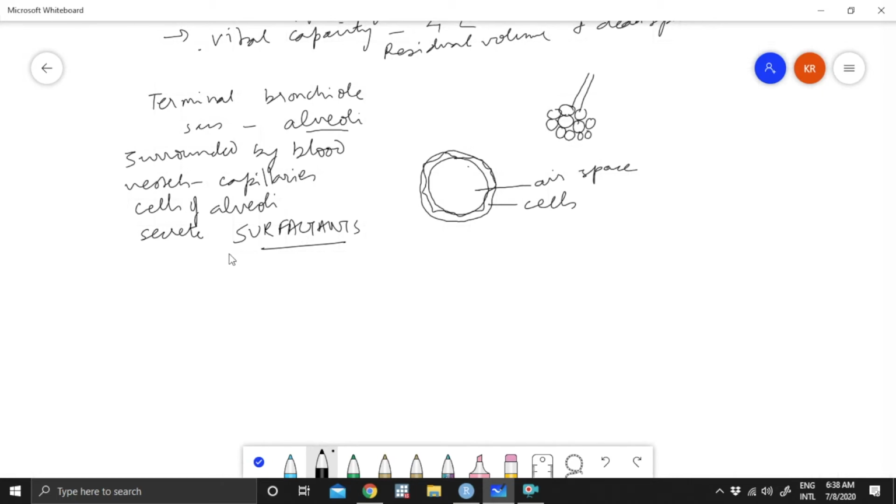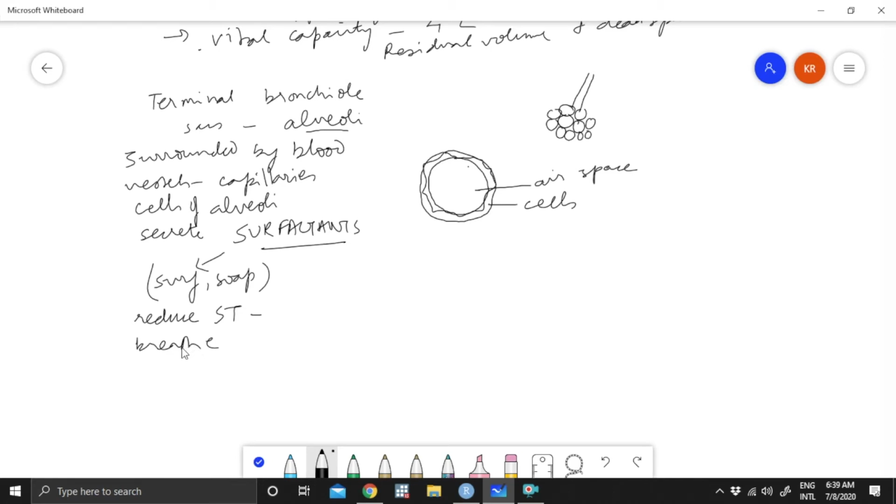What is a surfactant? Surfactant is something like surf or soap. And this surf or soap helps to reduce surface tension, and it allows the lungs to breathe. That means we are inspiring air inside and expiring air outside.